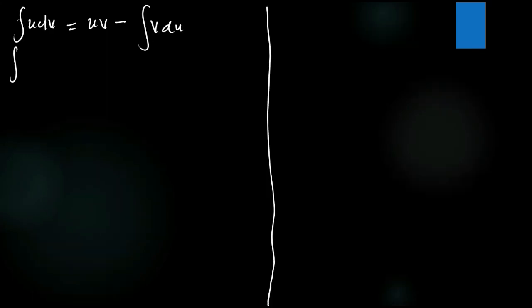The integral of cos x raised to power n with respect to x equals u dv.